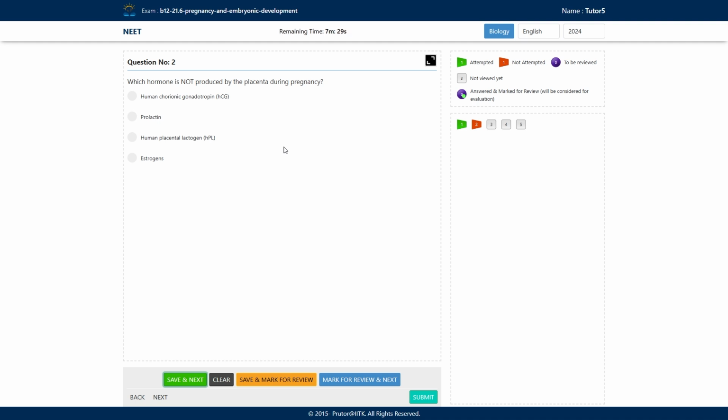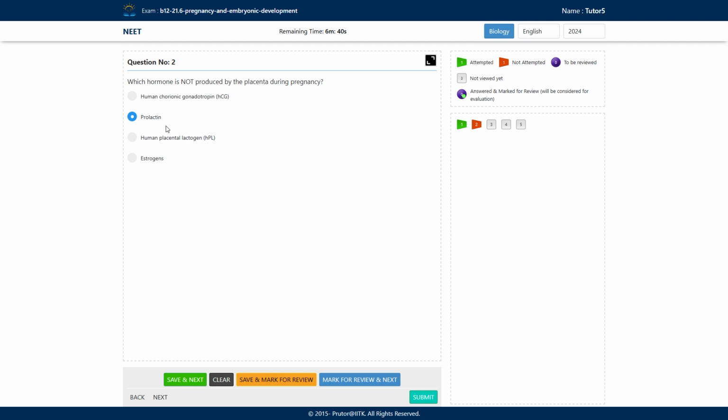So, what would be the correct answer? The correct answer here will be prolactin.